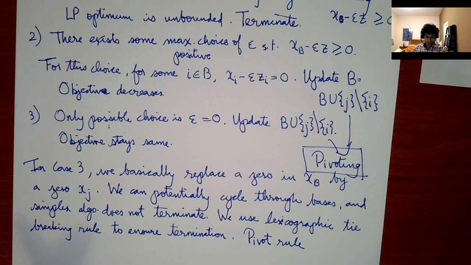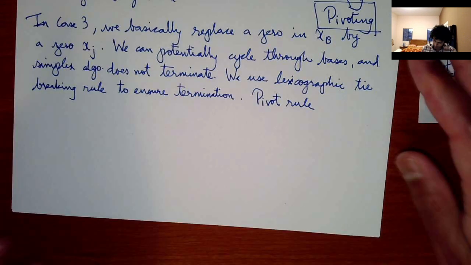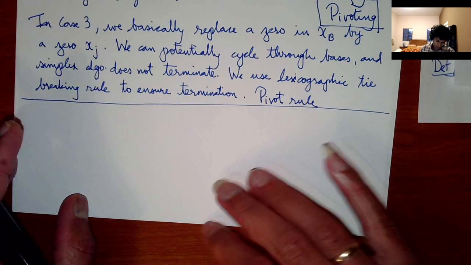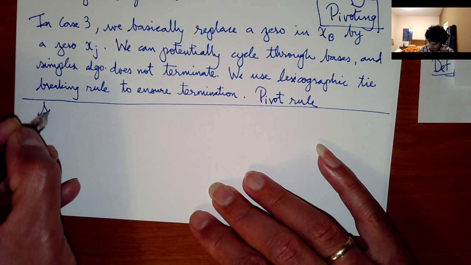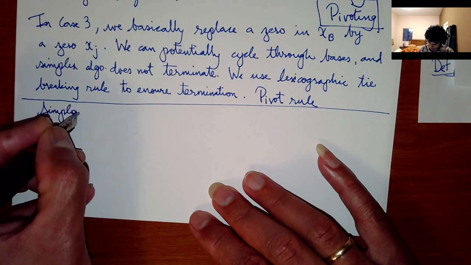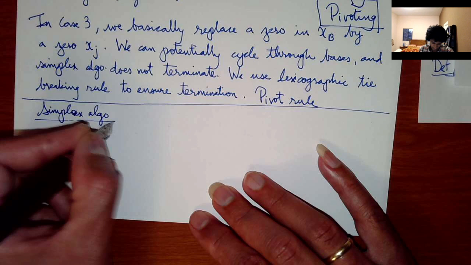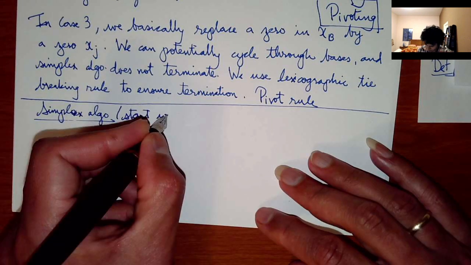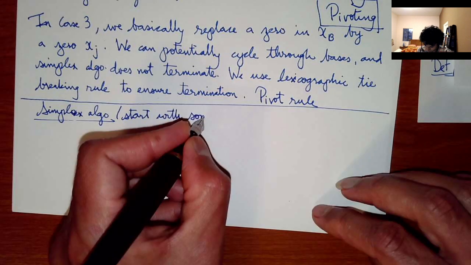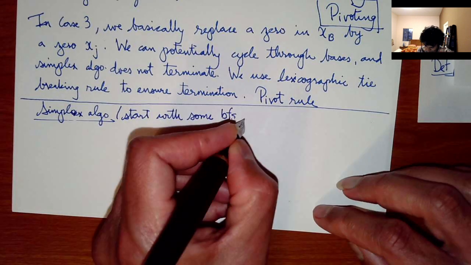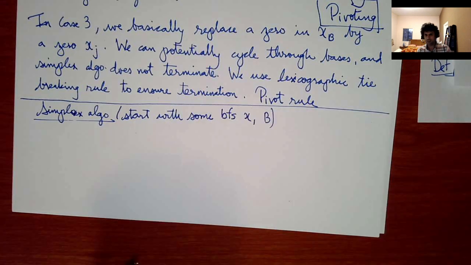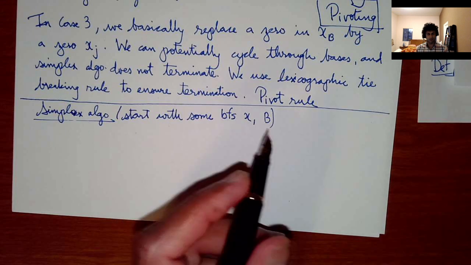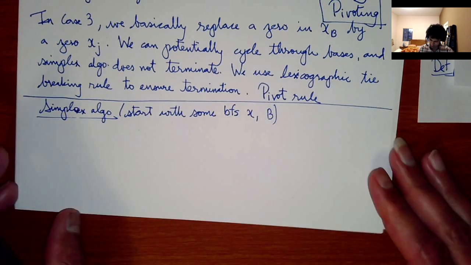I'm just going to write out quickly a description of the simplex algorithm, just so that you have it. So the simplex algorithm: you start with some BFS xb. In general, if you don't have one, there is a process of finding such a basic feasible solution using the simplex algorithm, and I'm going to make that an exercise.